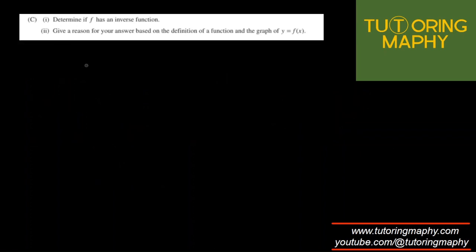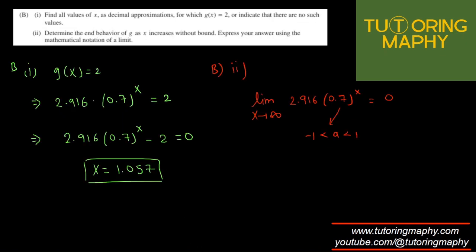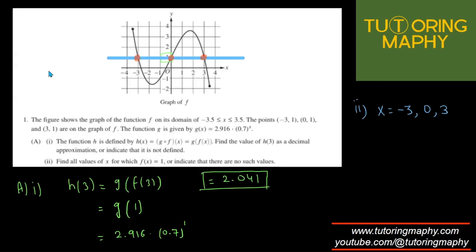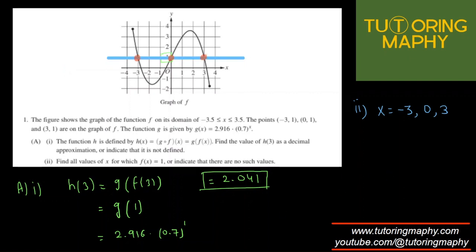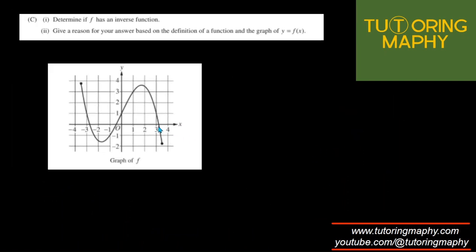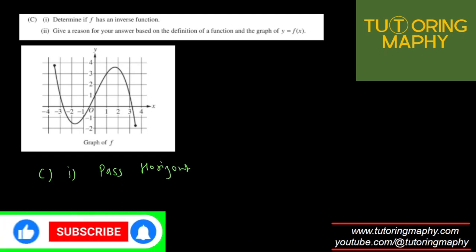All right, let's try the next one. Determine if f has an inverse function. Where is f? I'm going to pull that up once again, and I think I know the answer already. For a function to have an inverse function, it should pass the horizontal line test.